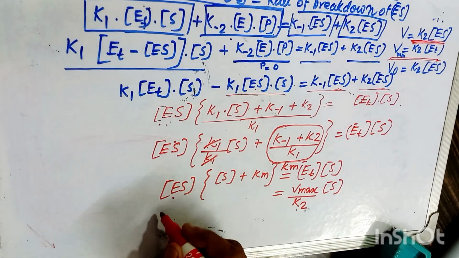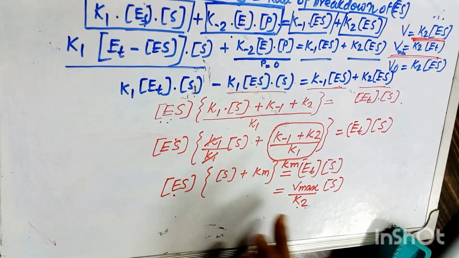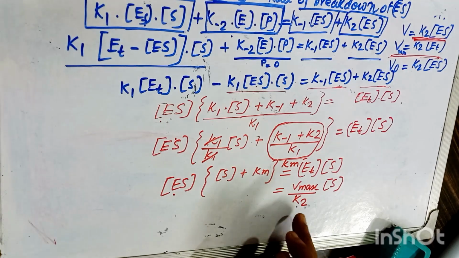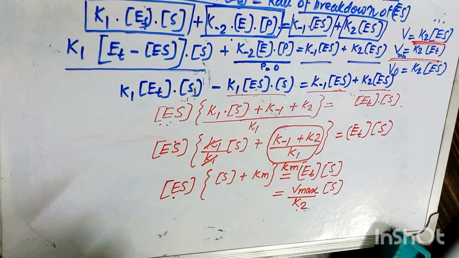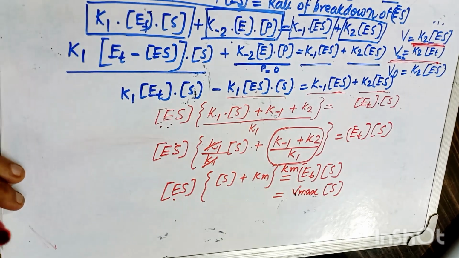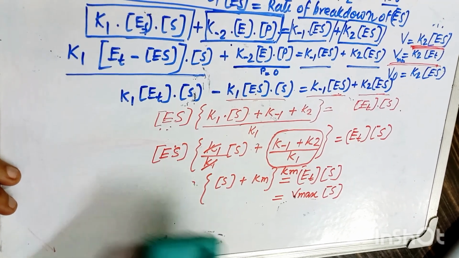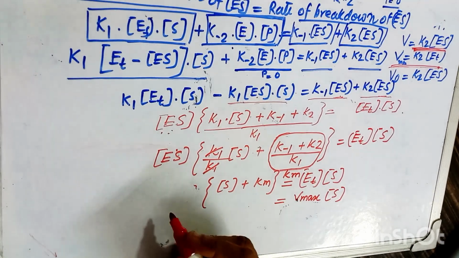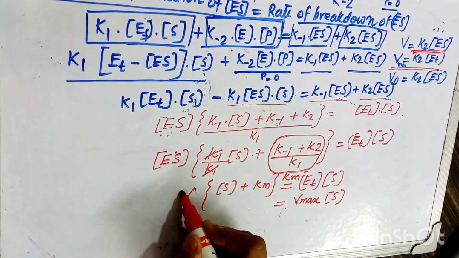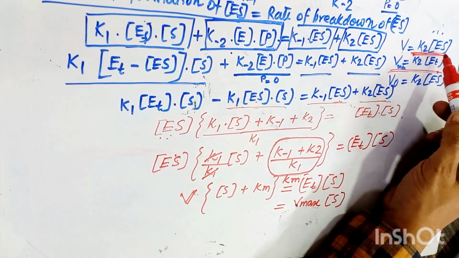So instead of writing Es and K2, I write it here. I rub out K2 from here, I rub out Es from here, and I write velocity. The velocity from this equation is equal to K2 into Es.